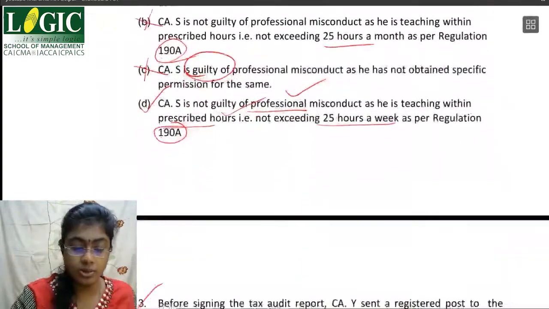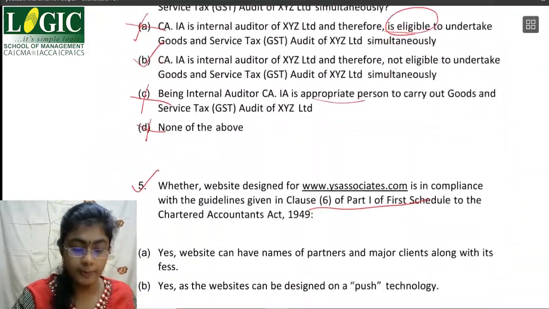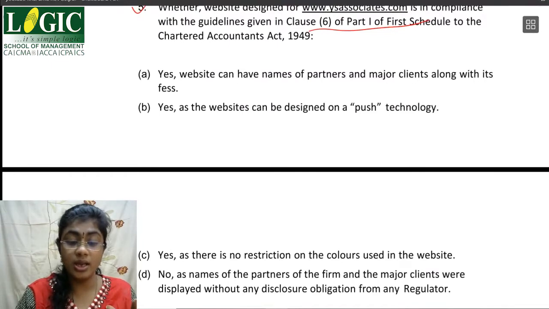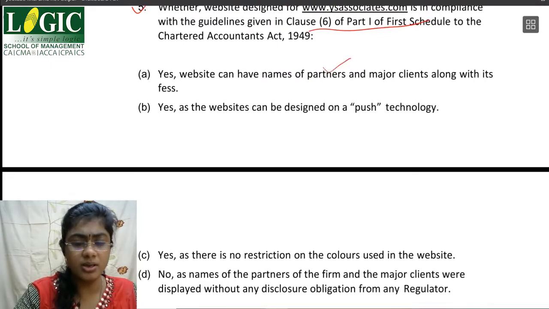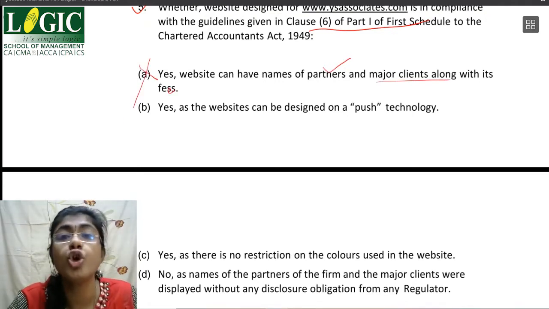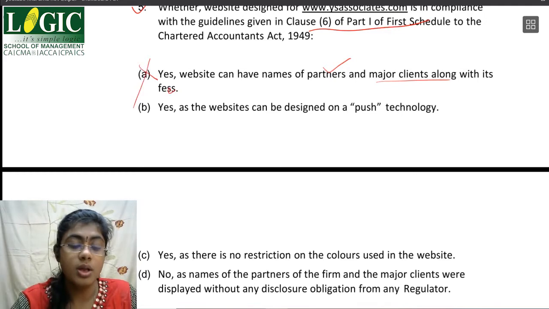So going back to the question. Yes, website can have names of partners. Yeah. Major client along with the fees. Answer is no. Yes, as the website is designed on push technology.